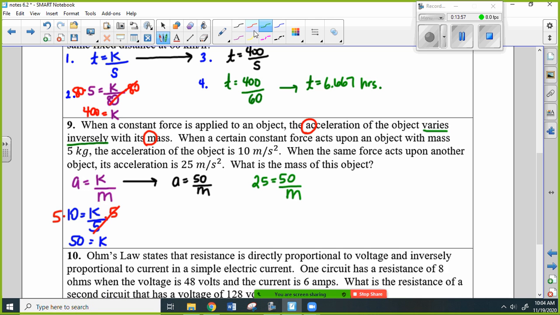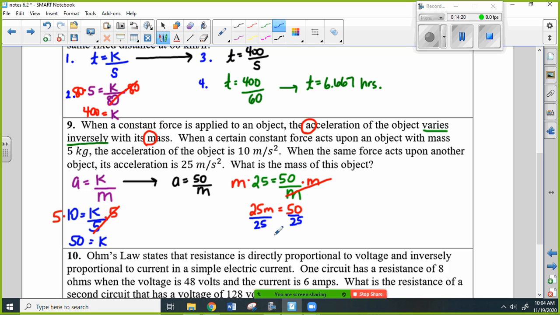We have to get M off the bottom first. So we're going to multiply. And then once it's no longer on the bottom, we can figure out how to get it by itself. All right, and that's going to require us to divide.